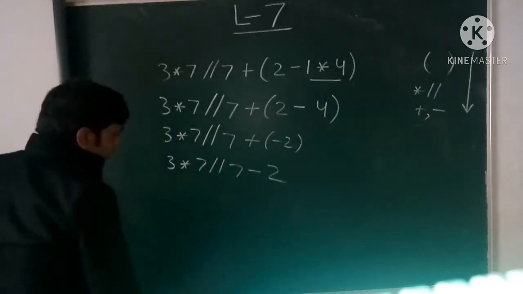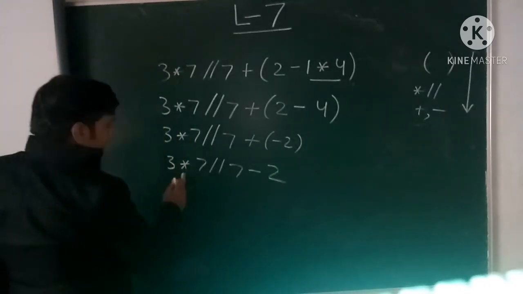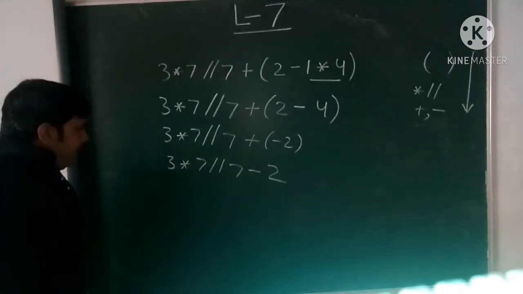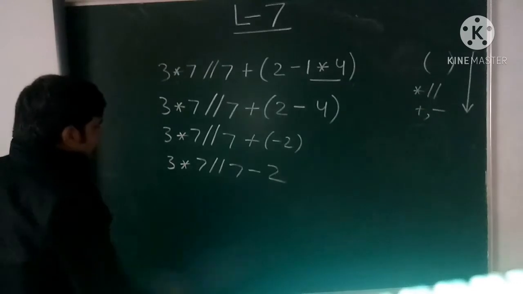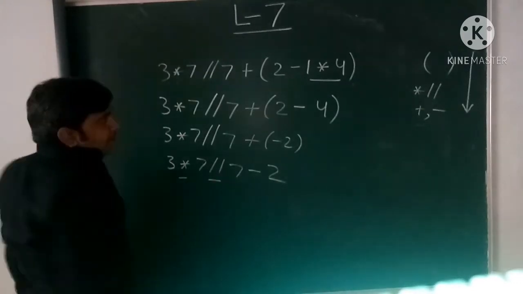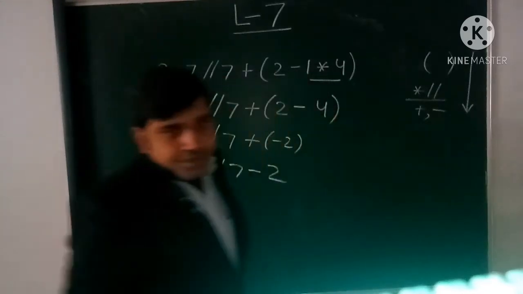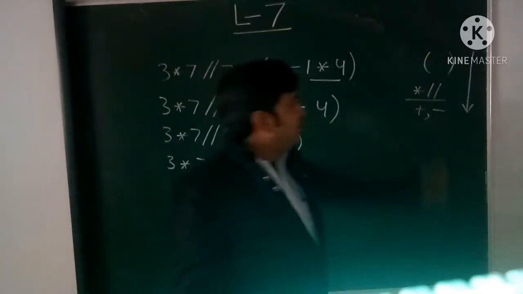Now again there are three operators: multiplication, floor division, and subtraction. Multiplication and division both have the same priority, so here we check the associativity rule.